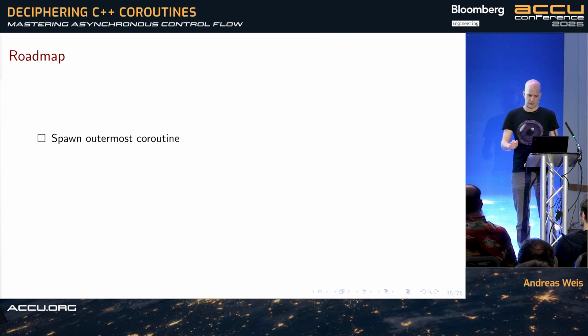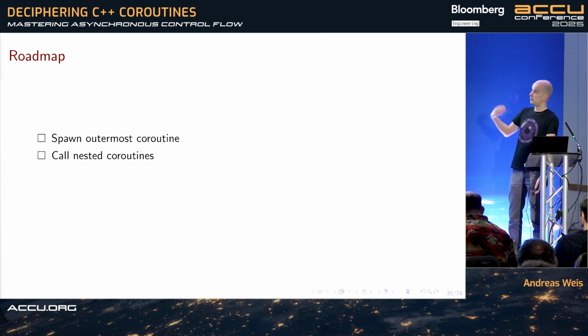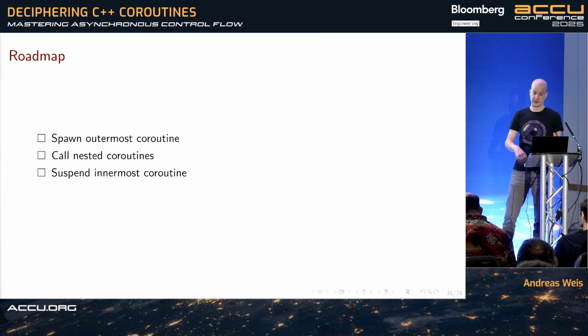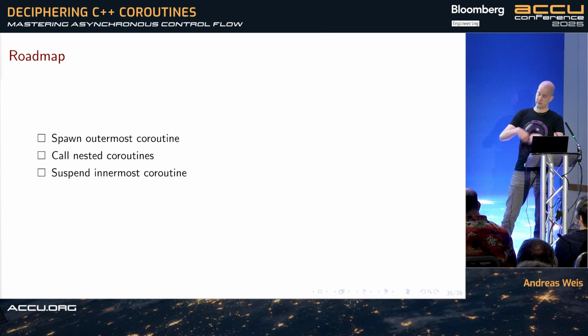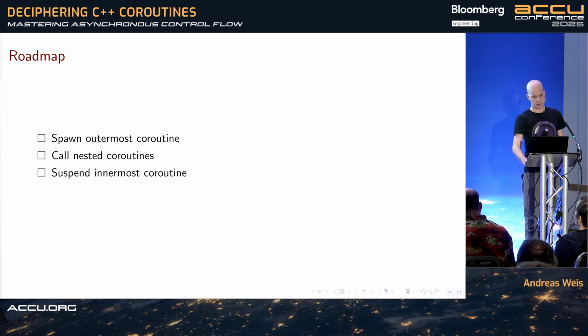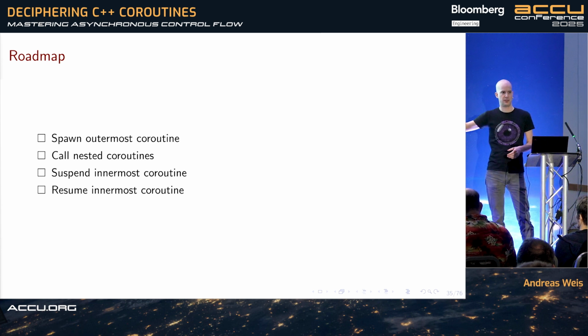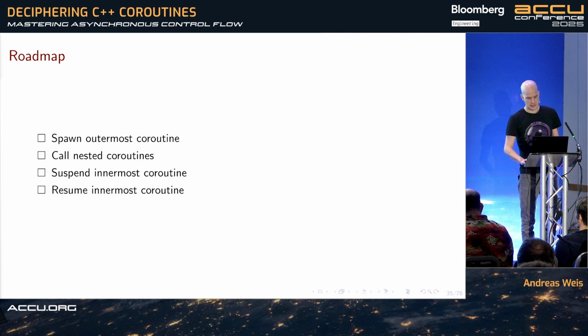So here's what our roadmap needs to look like. We still need to spawn the outermost coroutine. Then we need to call the nested coroutines, and when we suspend the innermost coroutine, we suspend them one by one as we're going up. But when we resume, we resume only the innermost coroutine.